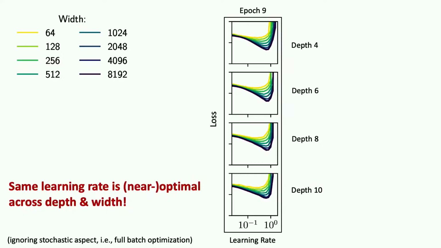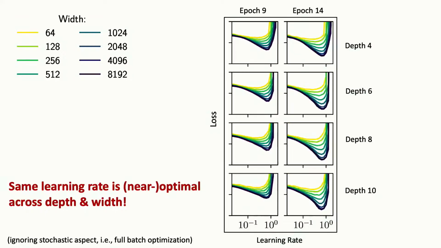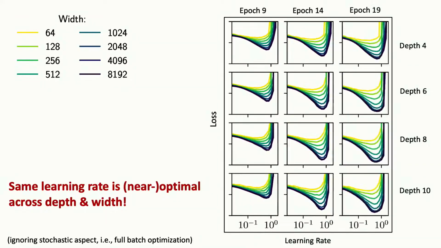The thing I want you to notice is that across depth and across width, the same global learning rate, which then gets adapted with the adaptation law that I showed earlier, is more or less near optimal across all of these network architectures. And this of course is consistent as you train for longer and longer epochs.